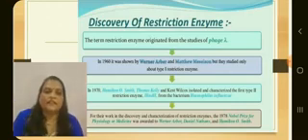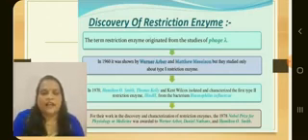In 1970, Hamilton O. Smith, Kelly and Wilcox discovered the type 2 restriction enzyme from Haemophilus influenzae. For their work in the discovery and characterization of restriction enzymes, Werner Arber, Daniel Nathans and Hamilton O. Smith were awarded the Nobel Prize for Physiology.